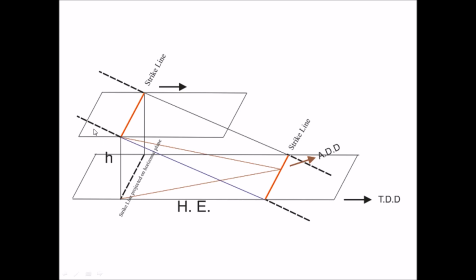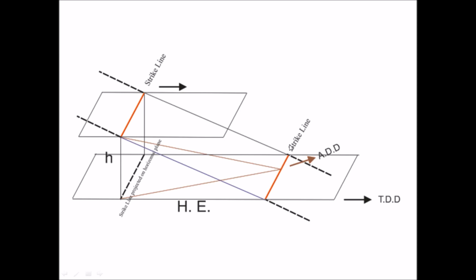Now this is an inclined plane and it is being intersected by two horizontal planes. One is this plane and the other is this plane, and you all know that the intersection of an imaginary horizontal plane with the bedding plane results in the formation of strike lines.